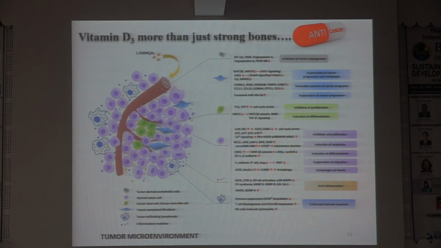Vitamin D3 regulates the entire process of tumorigenesis from initiation to metastasis. It also regulates the tumor microenvironment interactions such as angiogenesis, antioxidant, anti-inflammation, and so on.